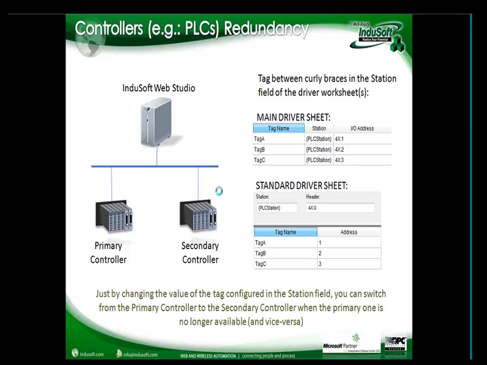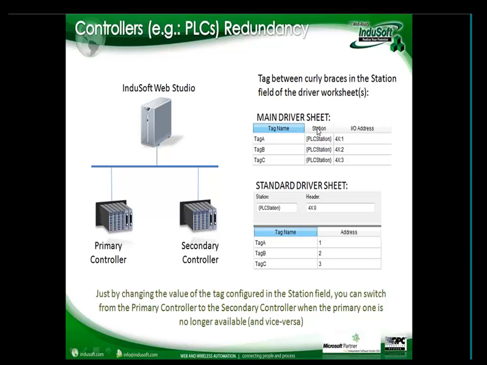Another type of redundancy that you typically see in industrial automation projects is PLC redundancy. Controller or RTU, more generically speaking, but typically PLC redundancy. In InduSoft, we have a very simple way to configure it to talk to the primary PLC, but if the primary PLC goes off for any reason, InduSoft automatically switches to the second PLC, the second controller.